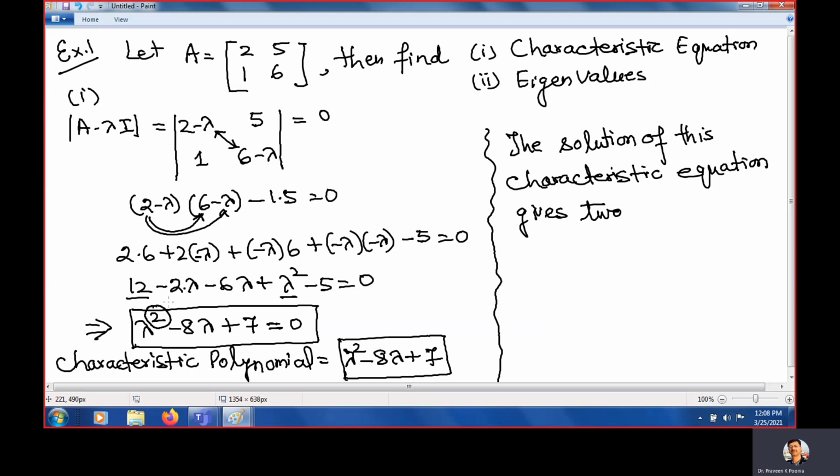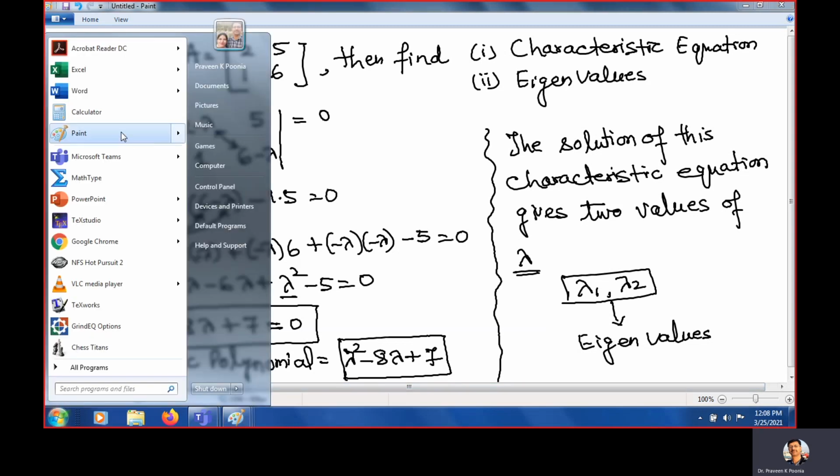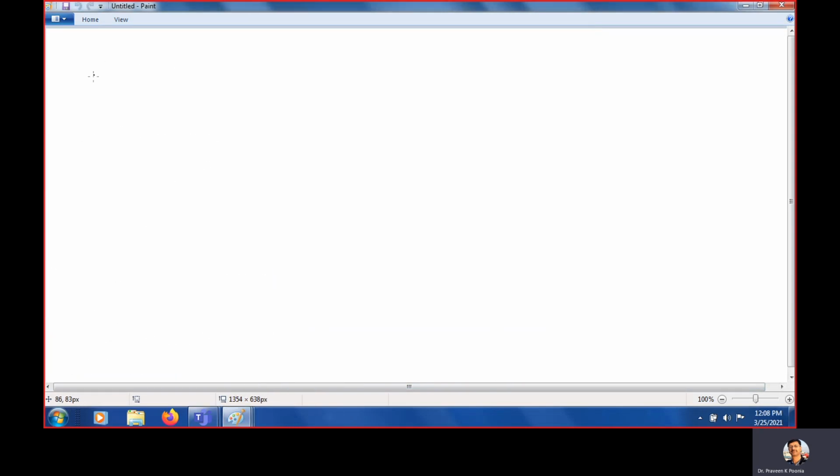Because it is a quadratic equation. 2 values of lambda. And these two values, what are they? One is lambda 1, another is lambda 2. These two values are called eigenvalues. Please remember this. Okay, so let us learn how to solve it. You can solve it with the help of a calculator also, but I will tell you how we can solve it.